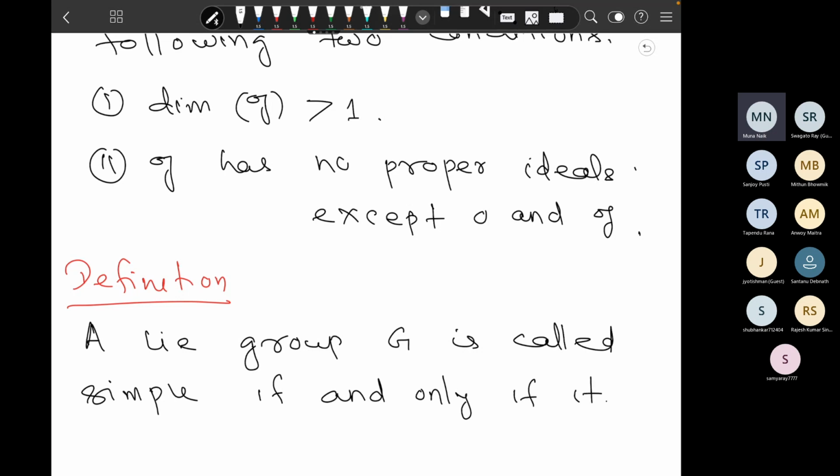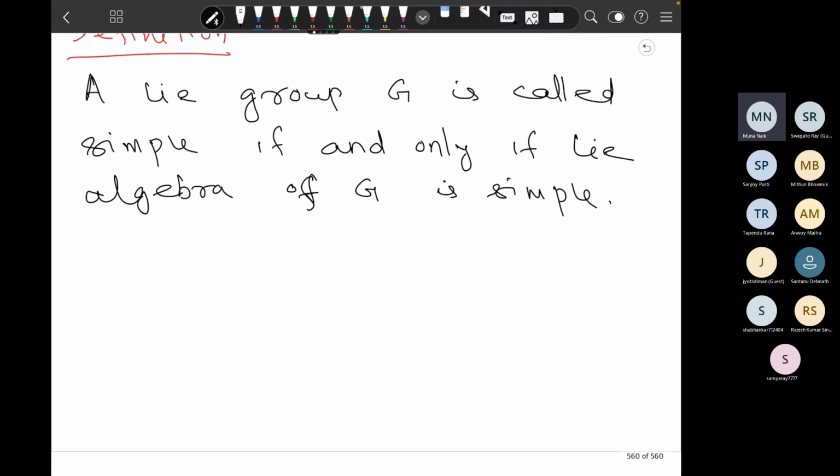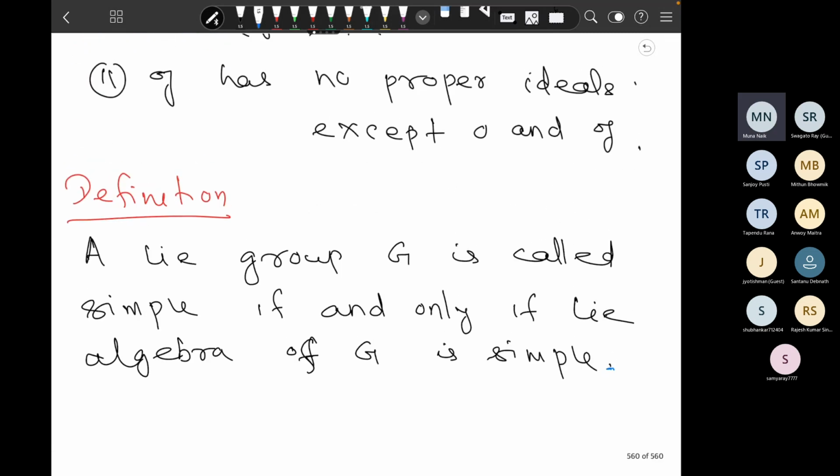So this is my definition of simple Lie algebra.